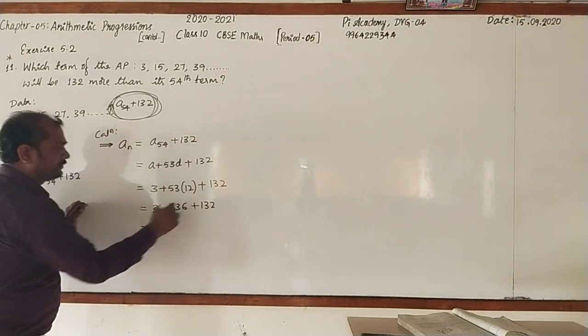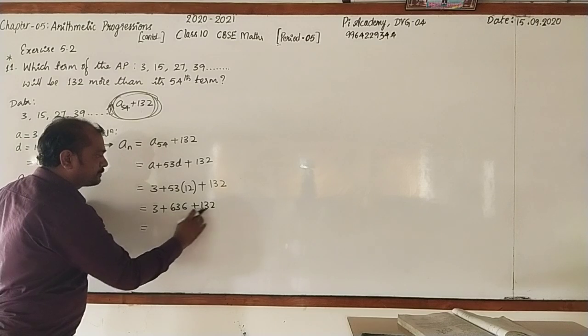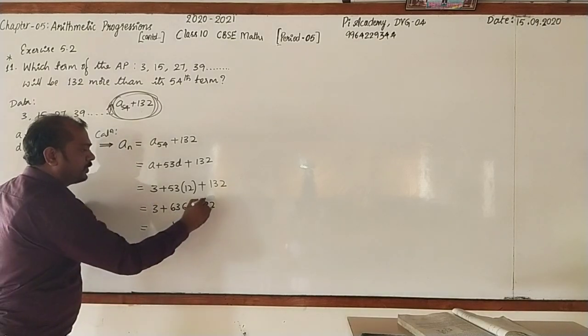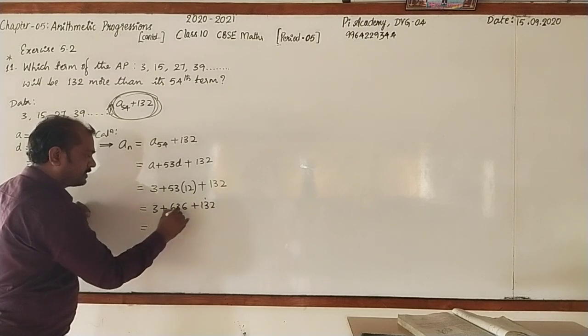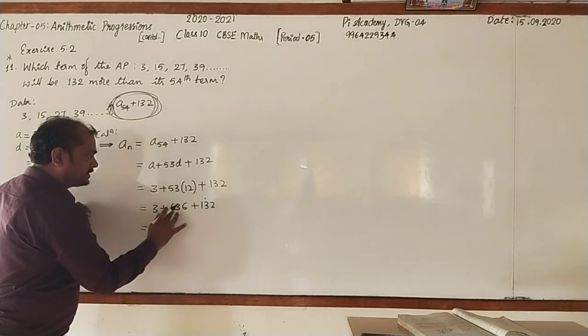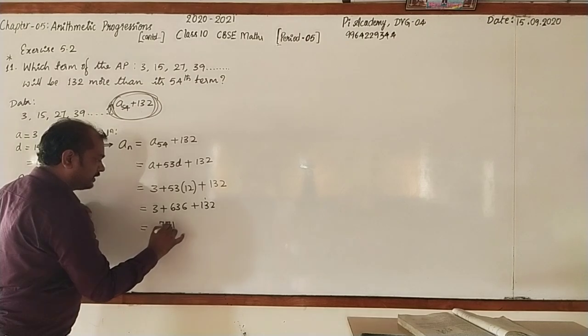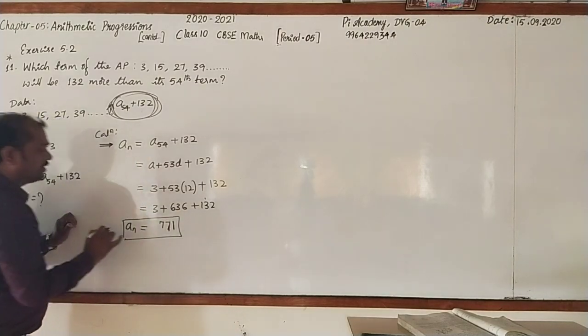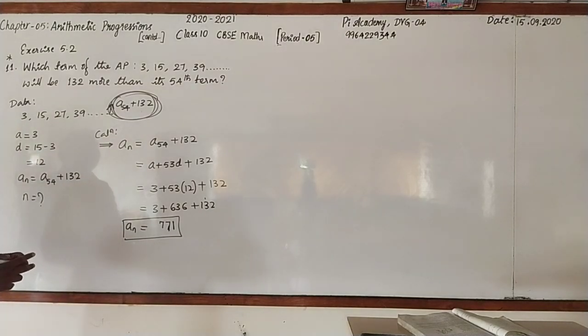Go for adding. It will be 6 plus 2, 8, 8 plus 3, 11. Carry 1, 1 plus 3, 4, 4 plus 3, 7. Then 1 plus 6, this is also 7. 771, this is An, that is the last term.